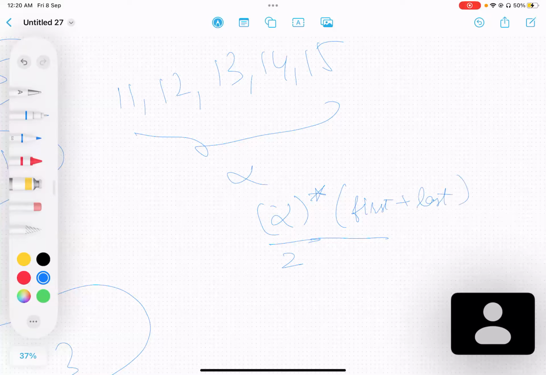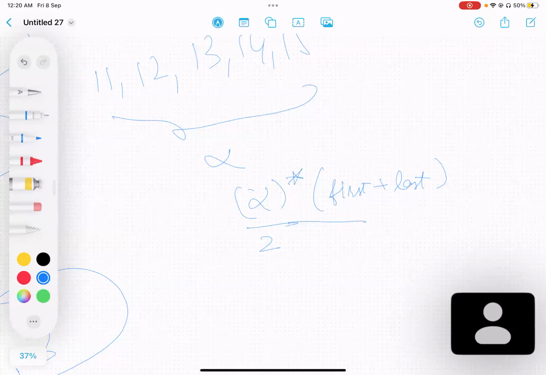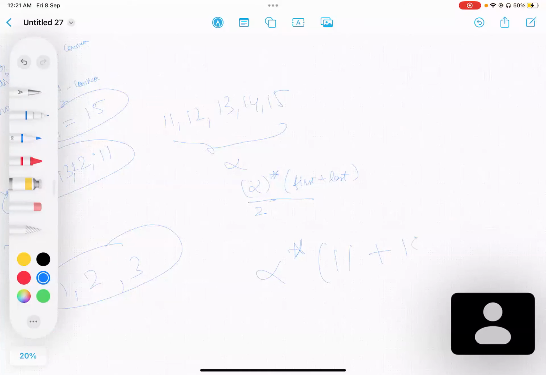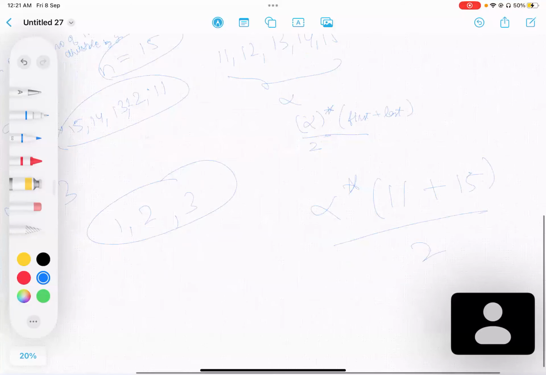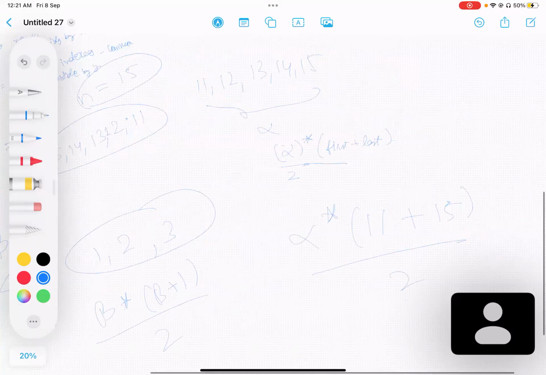So this will be equal to alpha into 11 plus 15 by 2, right? Similarly, the sum of these will directly be beta into beta plus 1 by 2. Is this clear to all?